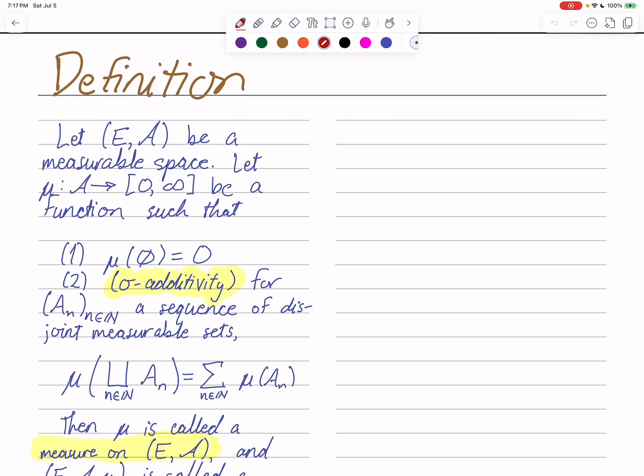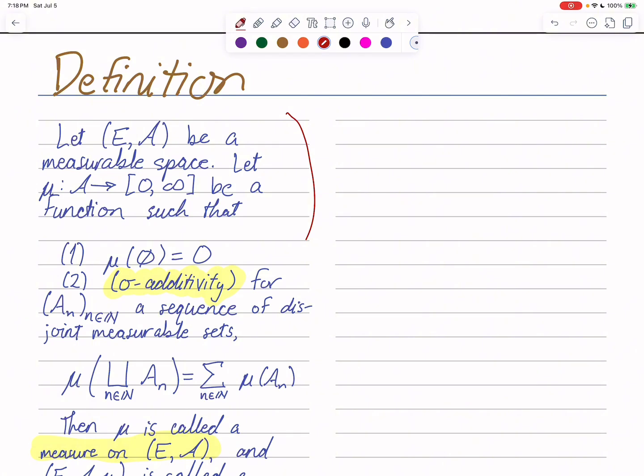Now, I have laid out that one of our primary goals is to invent this notion of a measurement system for sets of real numbers, which is consistent with interval length. But we will often present definitions that are more general than that, because although that is a primary goal, it's not the only one, and especially because we're going to generalize this to probability theory, so that's not necessarily always going to be intervals of real numbers and so on.